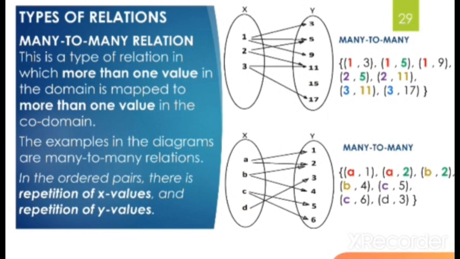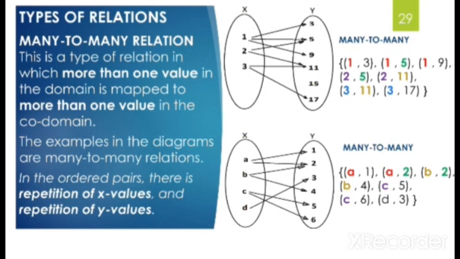Okay, another example, I have 3 being mapped to 11 and 17. So that is one-to-many. And in that same relation, I have 2 and 3 being mapped to 11, which is many-to-one. So because of that, we say that this relation is many-to-many. The same thing can be said of the second example.